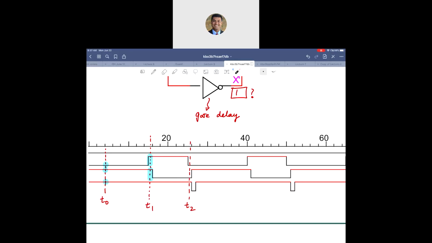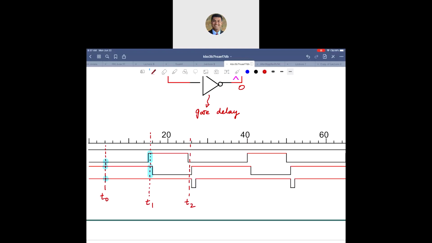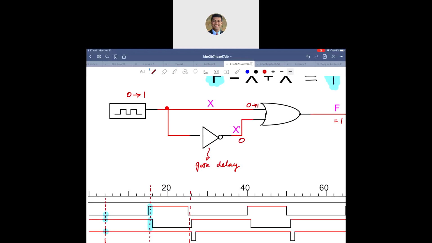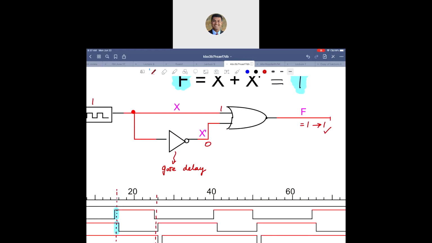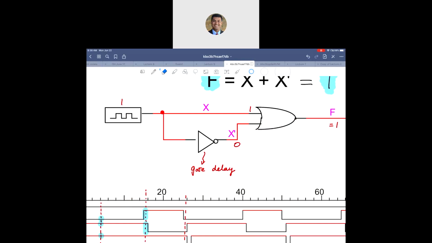So what is going to happen there, right? So this is now, it has changed. It is 0 here. Before t2, it was 0 there. This was 1 there, right? So we are starting with this now. We are saying this is 1, this is 1, this is 0, so that is 1, right? That is the condition before t2.